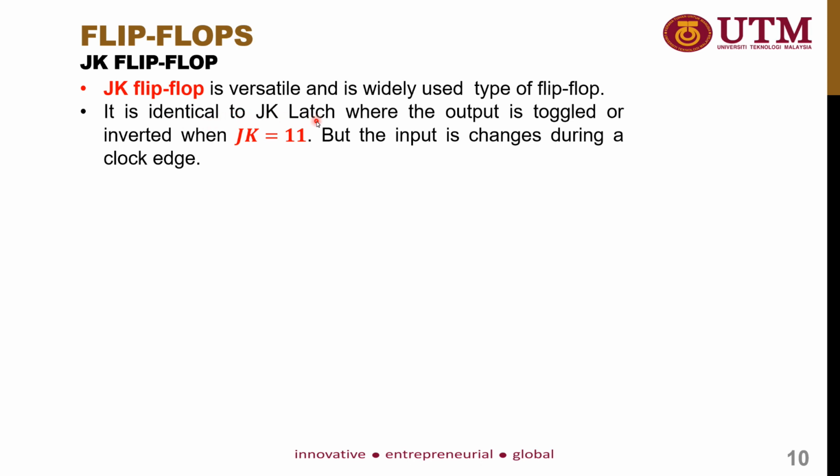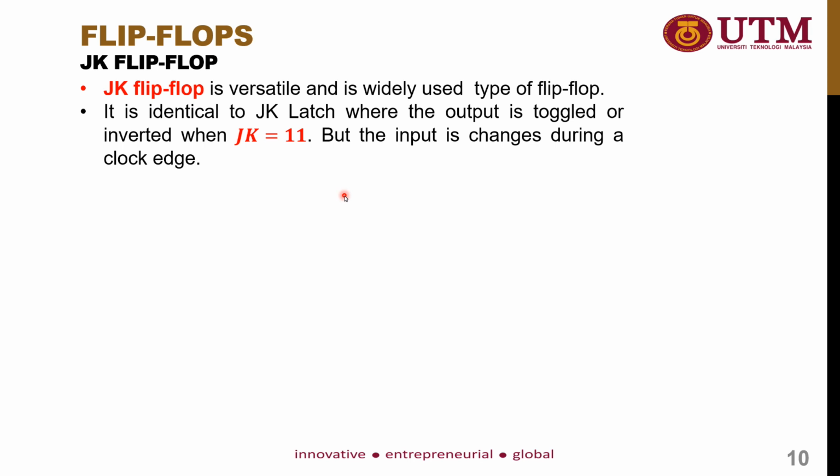We already learned about the JK latch in the previous chapter, where the output is toggled or inverted when JK is set to 1, 1. But here the input changes during a clock edge. The main difference between the JK latch and the JK flip-flop is when the output changes. For the JK latch, output changes are possible at all times.